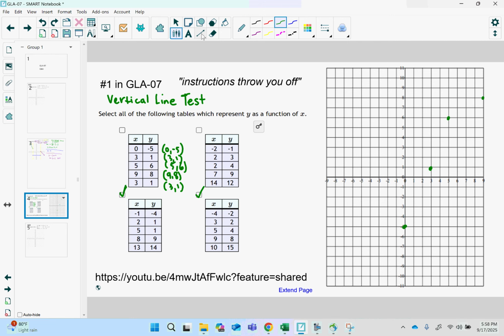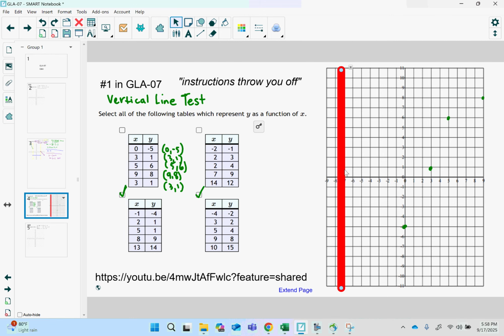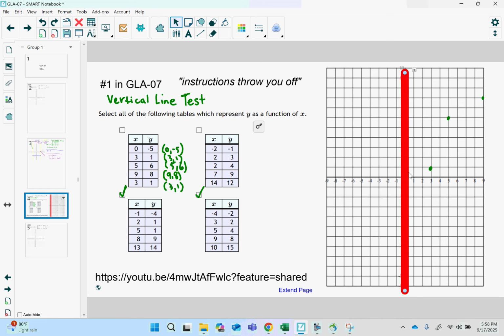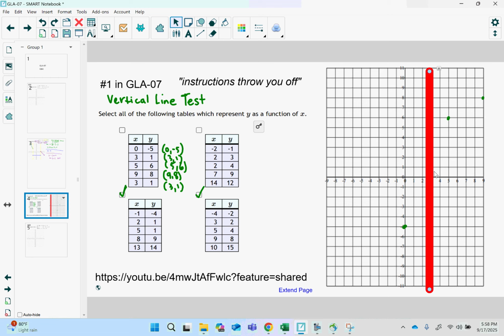And then if I take a vertical line, let's say I just make a vertical line here, and I'm going to just look for anywhere that this vertical line could touch more than one point at a time.